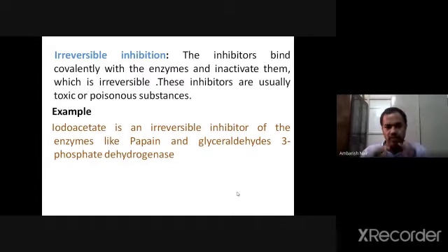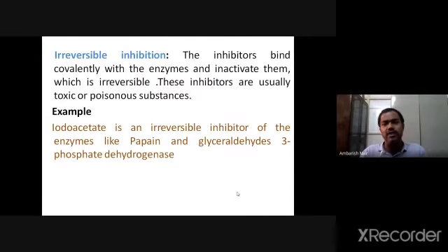So I put one simple slide on what is irreversible. Irreversible inhibition means the inhibitor binds covalently with the enzyme. I know the difference between the hydrogen bond, ionic bond, hydrophobic interaction, and covalent bond. In the covalent bond, electrons are shared and it's a very strong bond. So the inhibitor binds with the enzyme in a covalent nature.